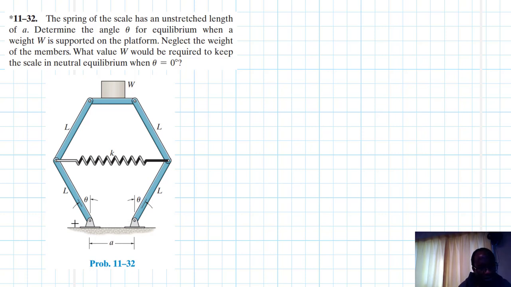So this is our datum. Let's say that's the point where the weight will be acting, the center of gravity. So let's say this point is our G, and we have the weight W acting at that point.